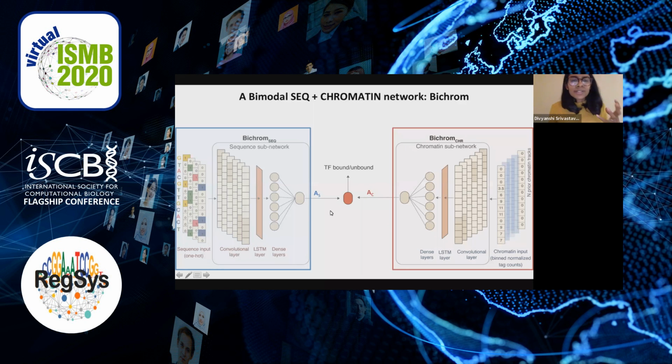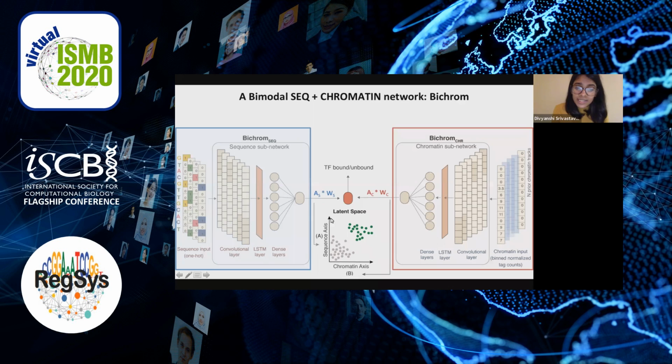And now both of these activations, A sub S and A sub C, are weighted by a final sigmoidal node, which is then used to predict transcription factor binding. However, what this setup allows us to do is, for each individual binding site in the genome, estimate how much of the prediction is coming from the sequence network and how much of the prediction is coming from the chromatin network.